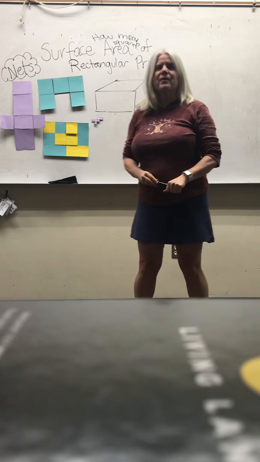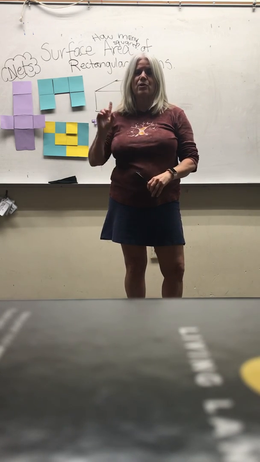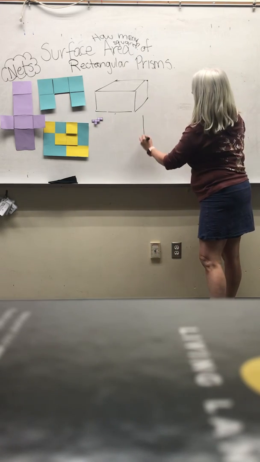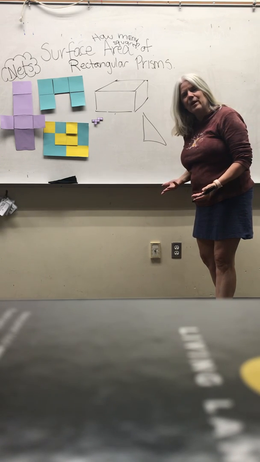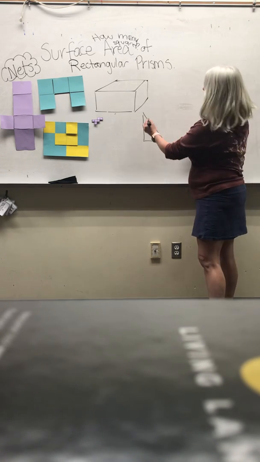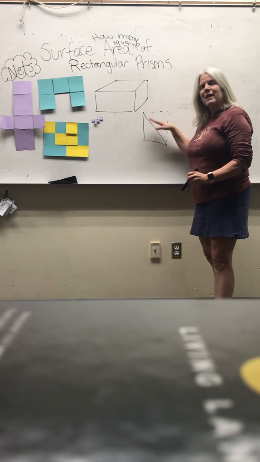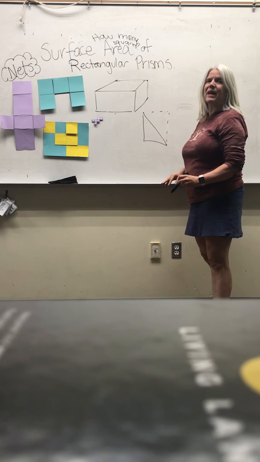So the area of a triangle was a little bit difficult for mathematicians, as you know, just to review what we've already done, because a triangle, you can't easily divide that into squares. But what we learned was you can make a rectangle and the triangle is half of that area.